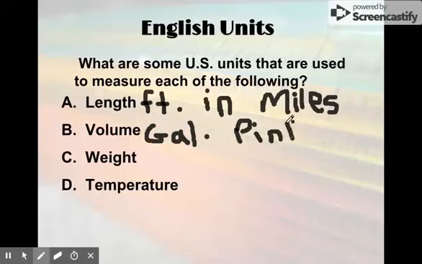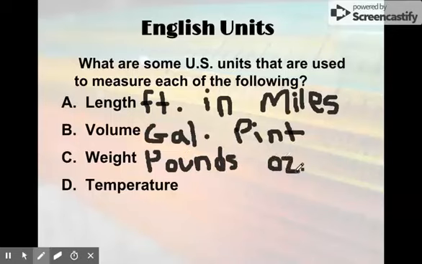Sometimes you buy milk in pints or quarts or cups. Weight, most often we use is pounds or ounces. And then finally, temperature, we use degrees Fahrenheit for the United States. However, in science, we're going to be using the metric system.